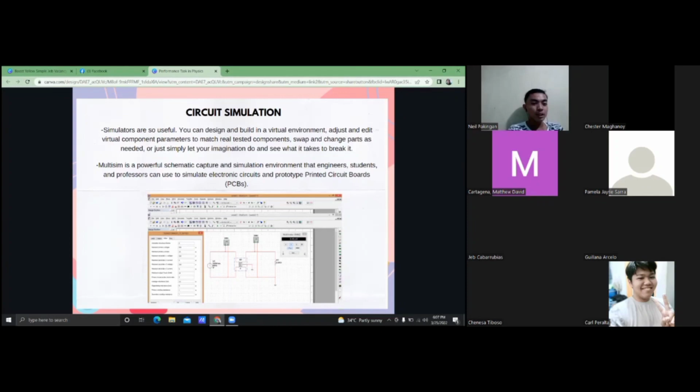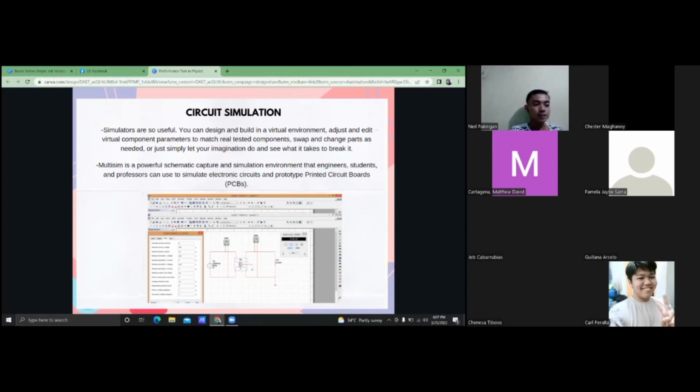This is where simulators are useful. You can design and build in a virtual environment, adjust and edit virtual component parameters to match real tested components, swap and change parts as needed, or simply let your imagination run and see what it takes to break it. There is a software used by engineers, students, and professors.